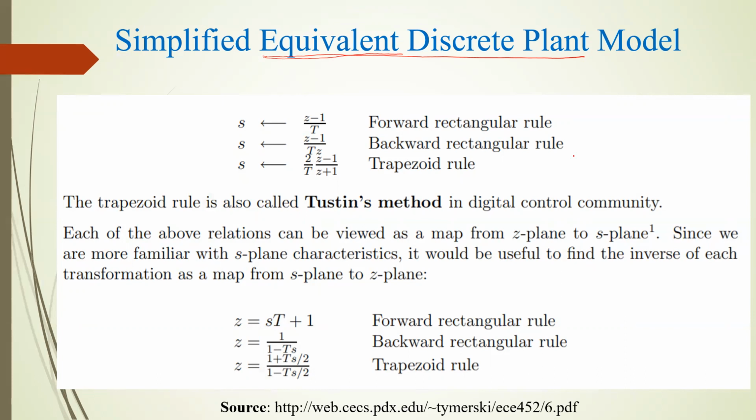So there are many approximations. These are just a few, and you can also see that this trapezoidal rule is also called the Tustin approximation or Tustin method. Since these methods are not very general and not very accurate for all the cases, I will use only the direct discrete plant model, which is accurate for all the cases.